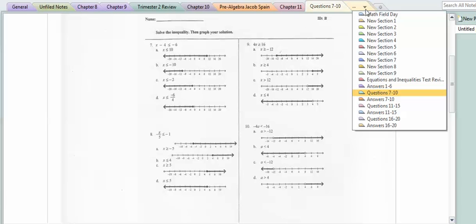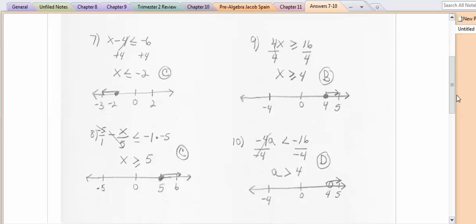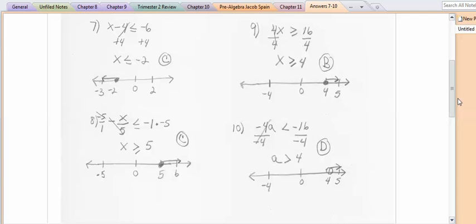Okay, so now let's go to the answers. Okay, starting with number 7. Again, I'm not going to tell you everything I did, but my answer choice is C. There was a line under it, so it's a solid circle. X is on the small side, so the numbers are smaller than -2.